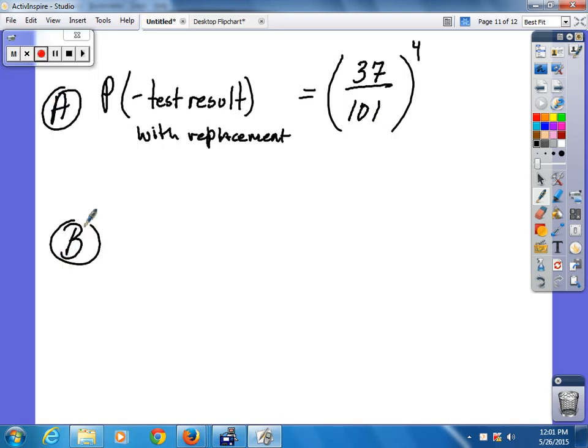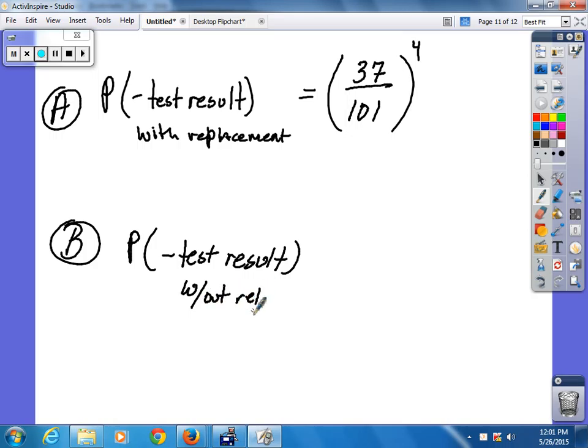B says the same thing, probability of a negative test result, or a true negative, without replacement. Now, without replacement is when you start deducting by 1 on each calculation.